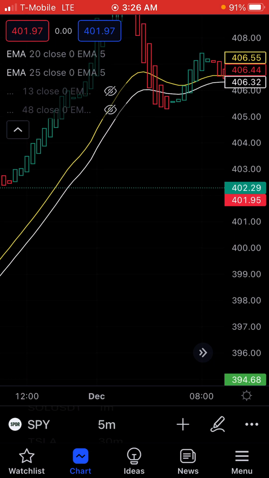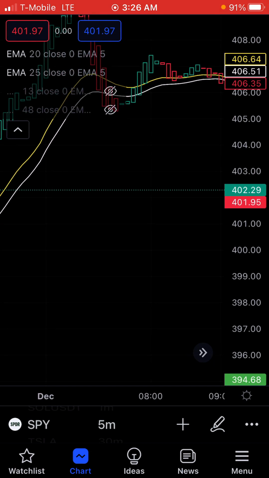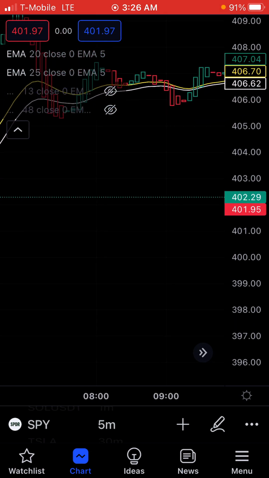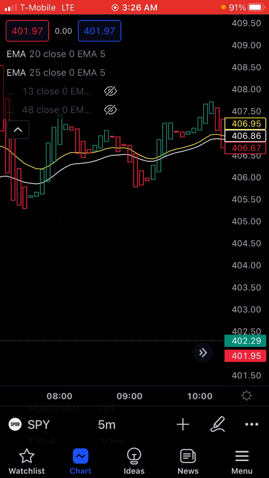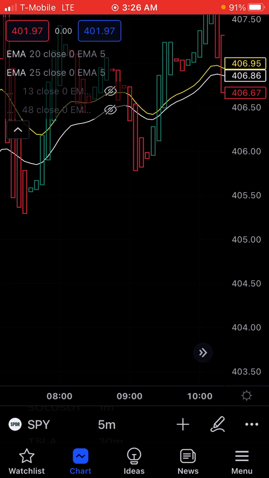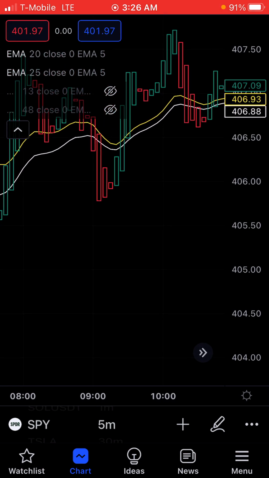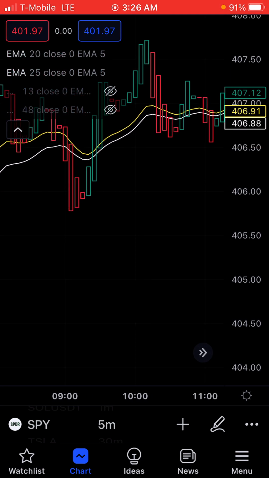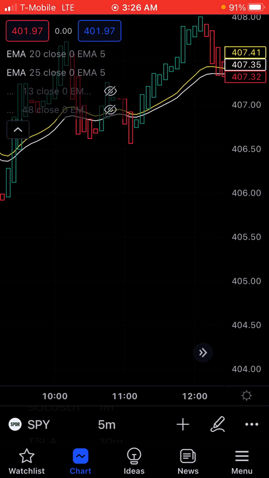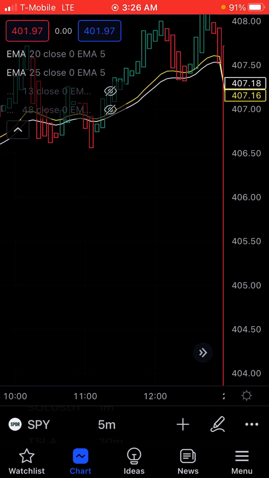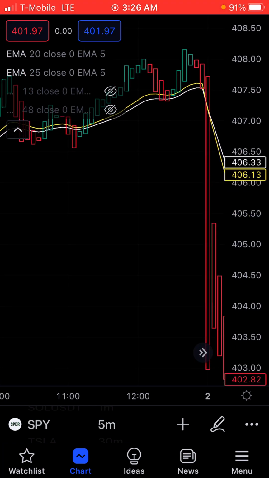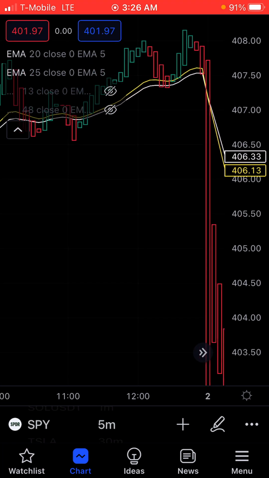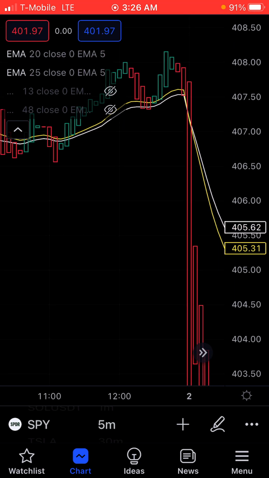So I'm going to show you something. When it hits, sometimes you got to get real close. You see it's still in an uptrend because the line has not hit yet. You get out right before, like here. You see it clear as day right here. The line hits right here, and then what happens?